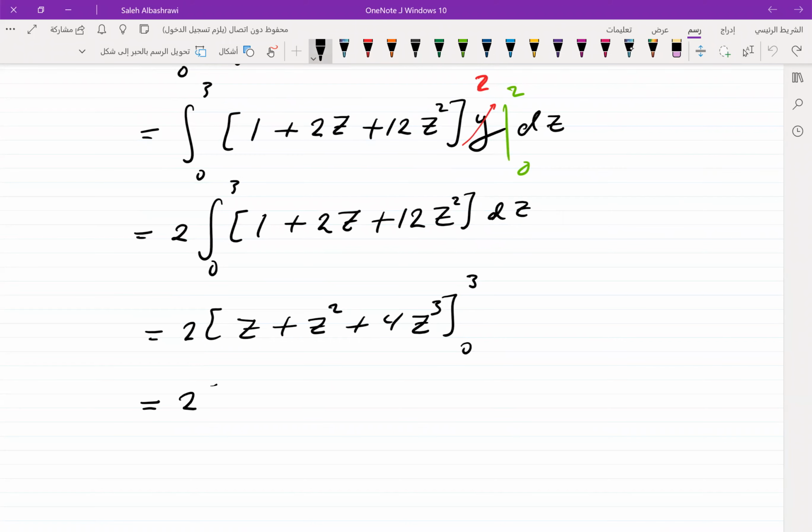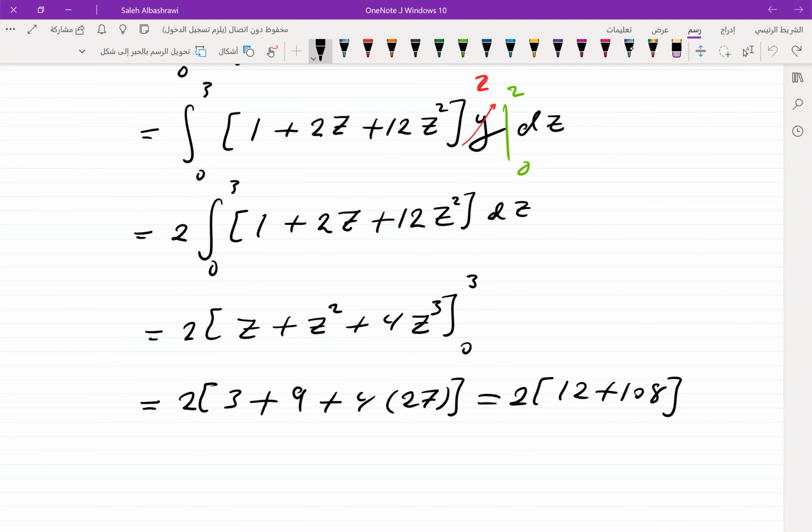I will have 2 multiplied by, replace it by 3, then by 0. 0 will cancel everything, but for 3 I will have 3 plus 9 plus 4 multiplied by 27, multiplied by 2, giving 12 plus 108. And the final answer is 240. So the flux is equal to 240.